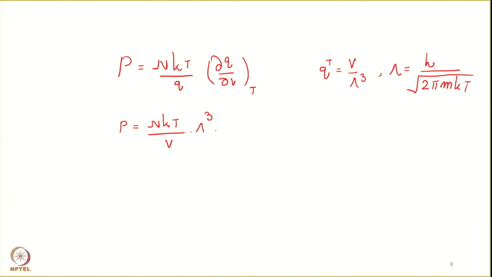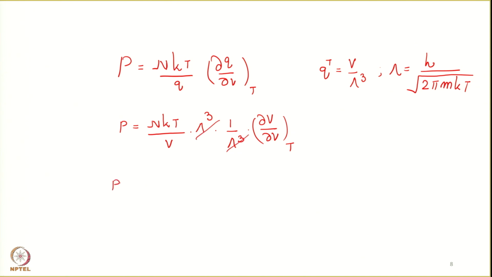If temperature is constant, then this lambda becomes constant. So making use of that fact, let us take the derivative. The derivative with respect to volume at constant temperature is 1 upon lambda cube into del V, del V. So this and this cancel.